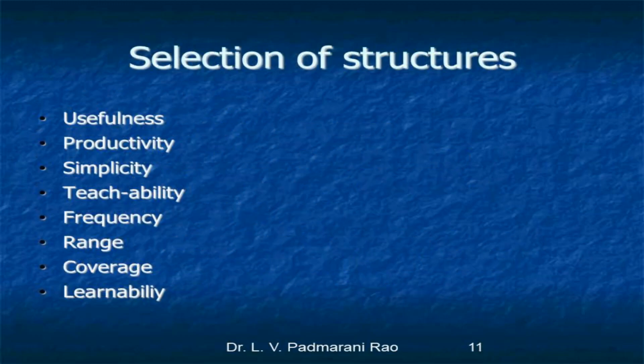The selection of the structures is done basically with the following criteria. Number one, the structures that are selected are to be useful. They should be easy to produce. They should be simple. They should have the criteria of teachability and learnability, covering a wide range that the learner is acquainted with in the society.